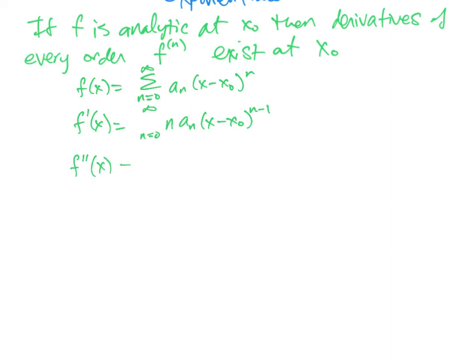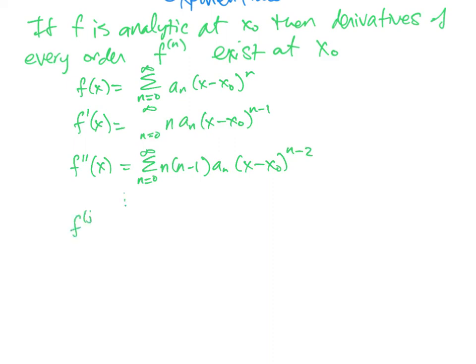And similarly for f double prime, we can just take that n minus 1 down: the sum of n times (n minus 1) a_n (x minus x naught)^(n minus 2), and so forth.